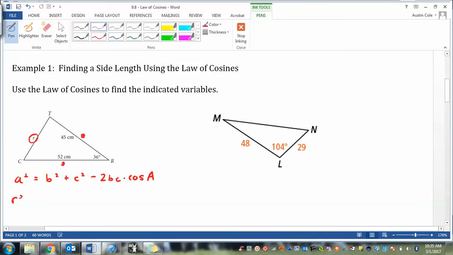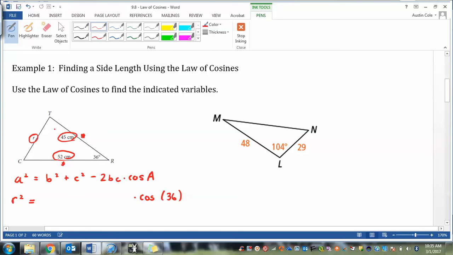So I'm going to call that R squared. If I start with R squared, then I better end with cosine of R, which in this case is 36. Then the other two sides that I'm going to fill in here as B and C are my other sides that I haven't used yet.